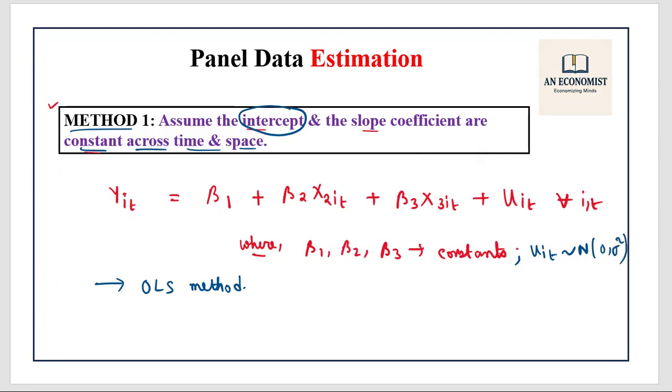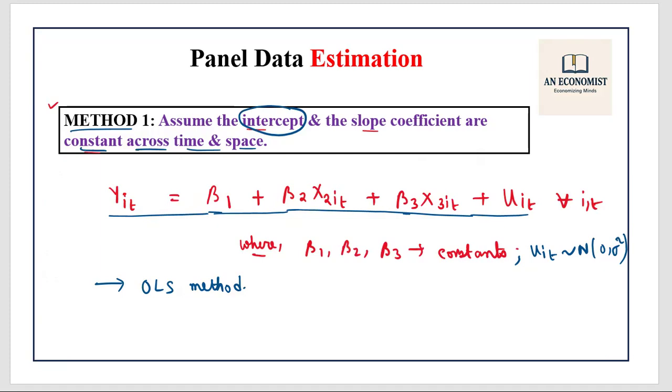We will also assume that the explanatory variables are not correlated with the idiosyncratic error term. So there is no problem of endogeneity. Also, in usual regression, we have seen that these coefficients are all constant. Basically, they are fixed for a particular model. So this is a model which can be estimated using simple OLS regression, ordinary least squares regression.